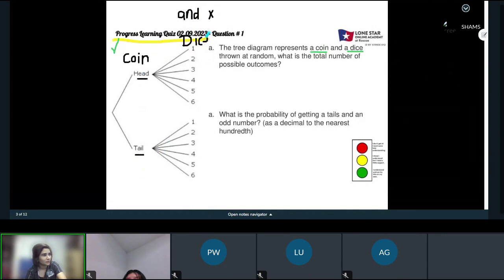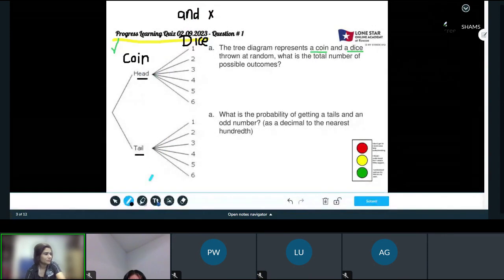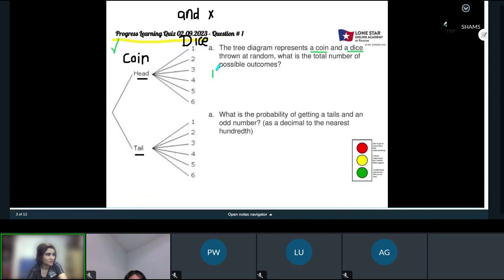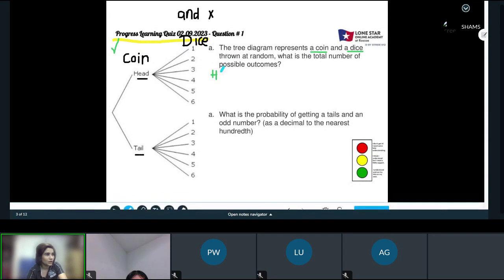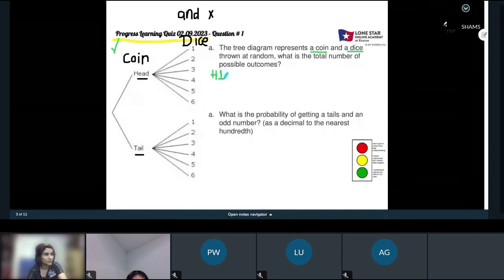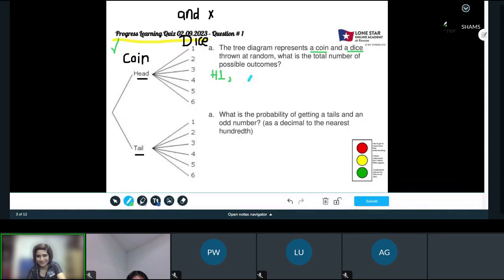And these are the numbers on a numbered cube, right? So the first possible outcome could be you toss a coin and you get heads, and when you roll the die, you get 1. A possible outcome is getting heads on the coin and rolling a 1 on the number cube. That makes sense?